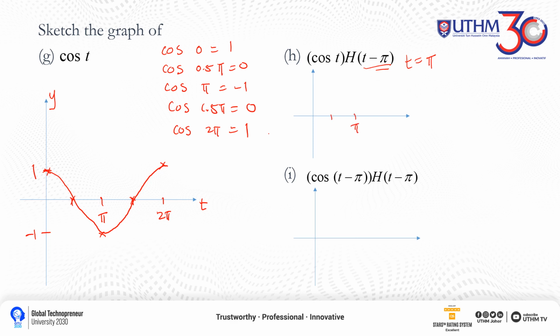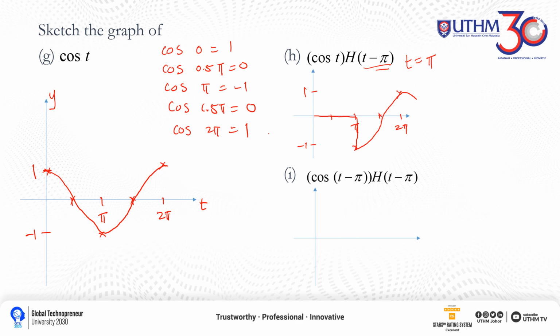So this is pi, and then this is 2 pi, minus 1 to 1. So the graph from pi to infinity. So I'll take this point, and this point. Okay, the front part is 0 because the graph is starting from pi to infinity.